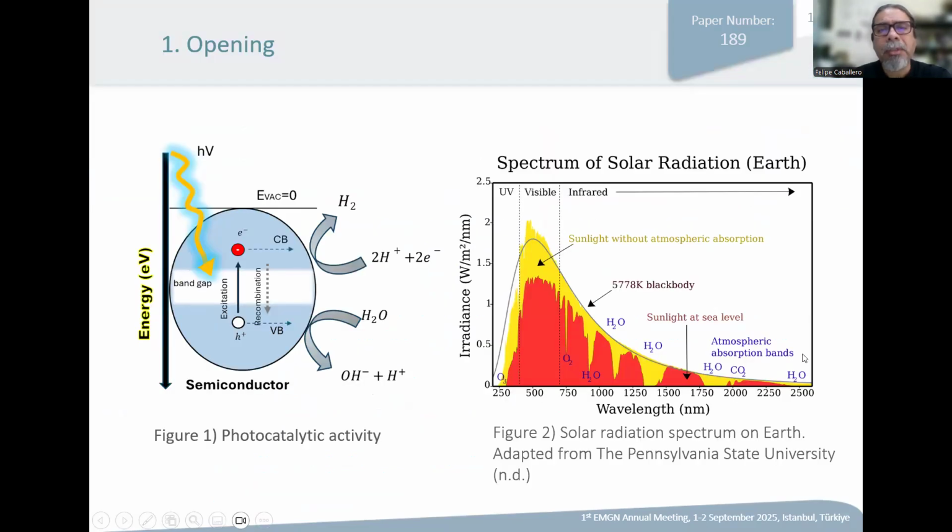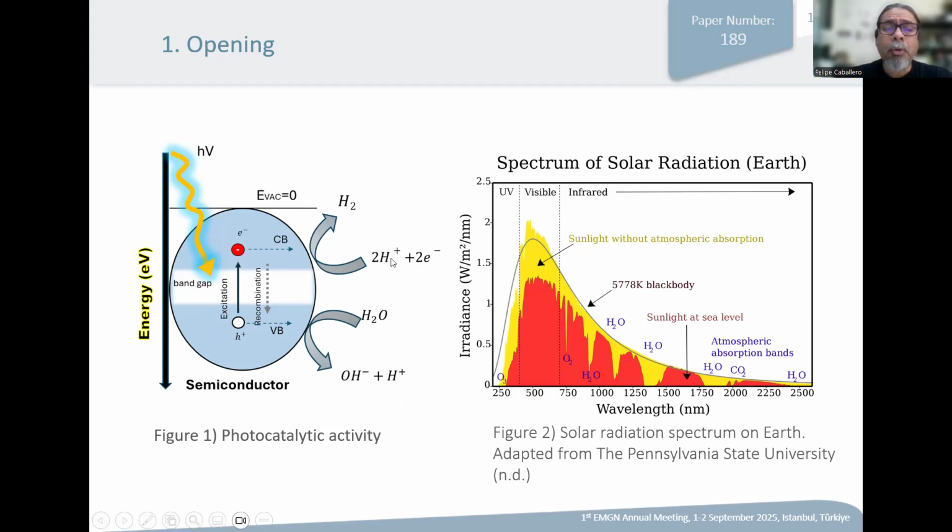First, photocatalytic activity is a well-known phenomenon. It requires a semiconductor that, upon illumination with light of the proper band energy, produces an electron-hole pair.